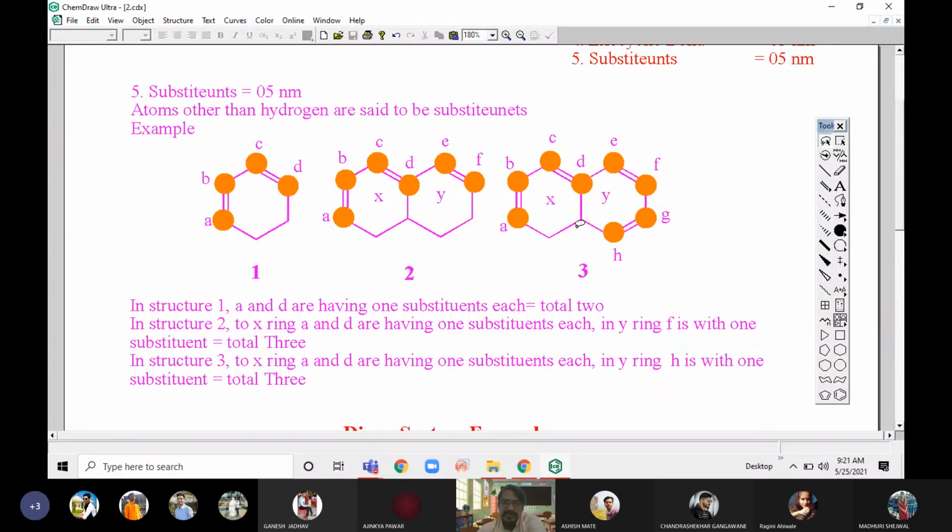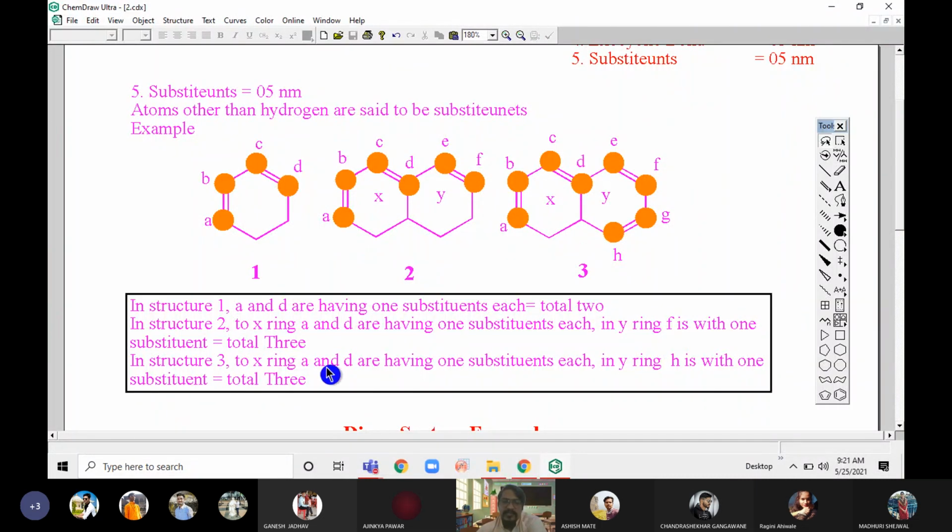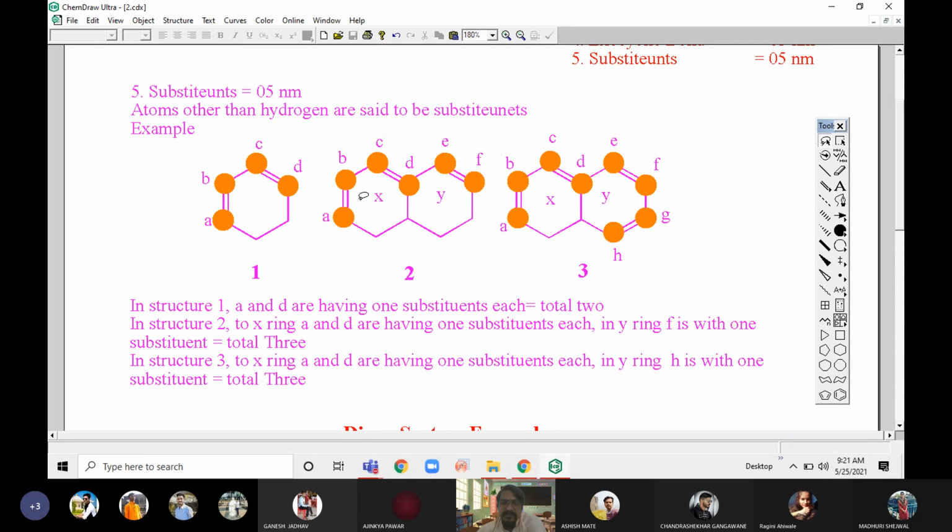In the last structure, C, for the X ring A and D, similar to these two rings, we have two substituents. And for this Y ring, F is not having a substituent, G is also not having a substituent, but now H is having one substituent over here. So again it will become 3 substituents total.